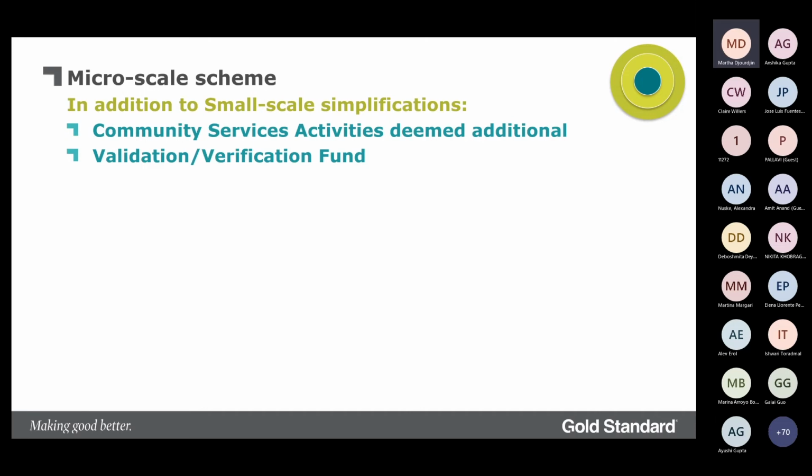So this is something that is optional for microscale projects to use. There are also reduced fees that we have introduced for preliminary review and performance review. These are the fixed fees that SustainCert is charging for these activities, or the Gold Standard certification body. And if the project is a microscale, then the fees are reduced accordingly.